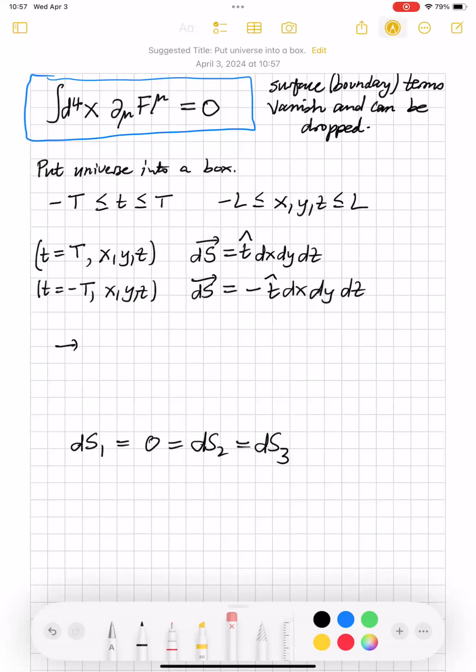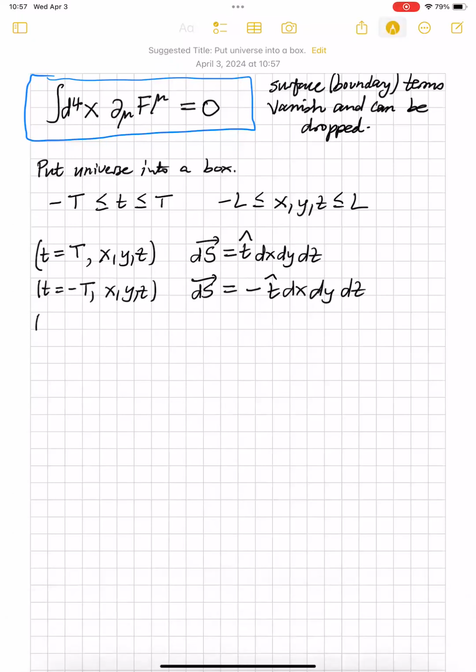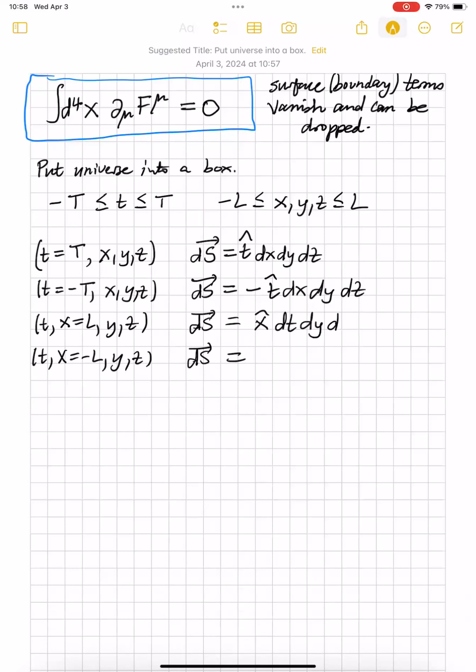We've got another 6 sides to go. So let's start with those. We'll have another side at any t, at x is equal to L, at any y and any z. And also in the x direction, we'll have a side at x is equal to minus L and any y and any z. And for these, again, with my slightly sloppy notation for the volume elements on the surface of the box, we would have x hat dt, dy, dz.